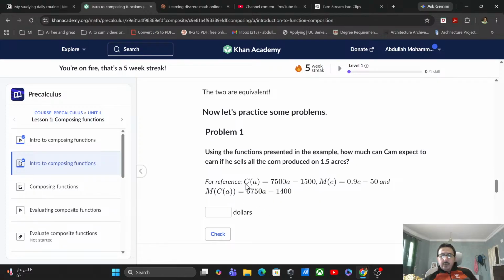So what we're going to do is M(C(A)). Here's MC. We're going to plug it in here on the C. So 0.9 in the 7500.